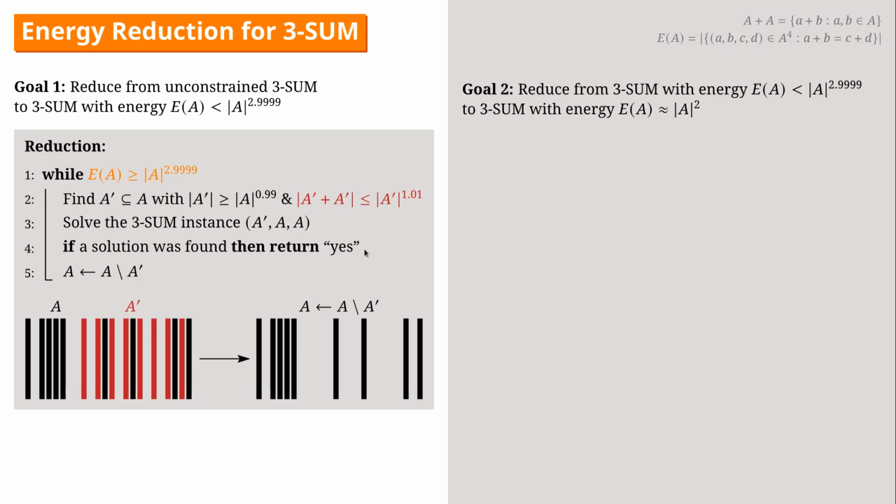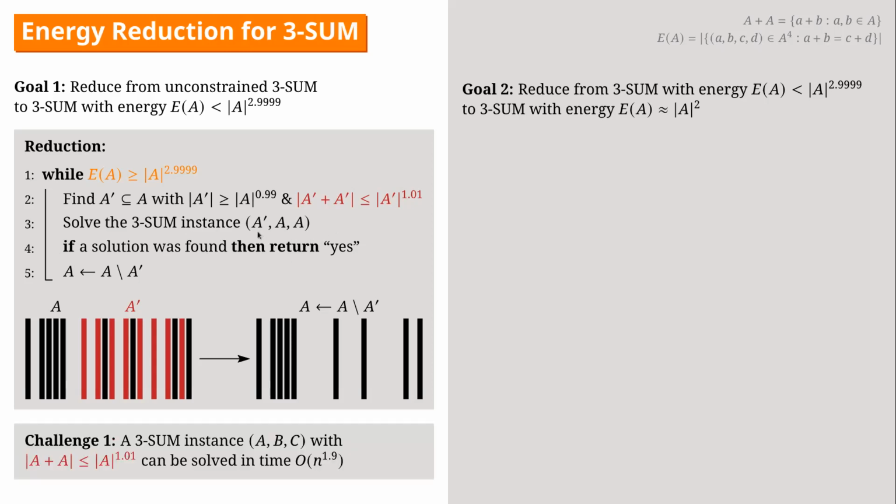Okay. Now it seems like that didn't really make any progress here because, well, really I have reduced the energy of threesome at the cost of solving several threesome instances, but these threesome instances are very nice and structured. In particular, the sum set of A prime with itself is very small, so it's quite a technical challenge, but what we prove is that any threesome instance, A, B, C, for which the sum set of A with itself is very small, can actually be solved in subquadratic time.